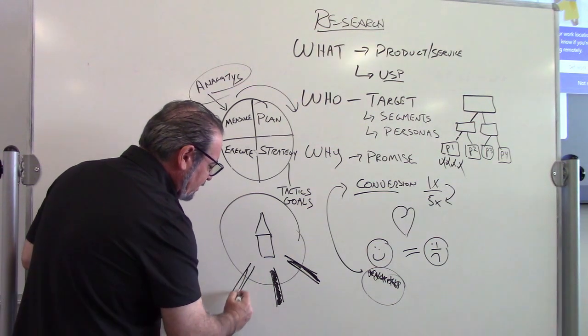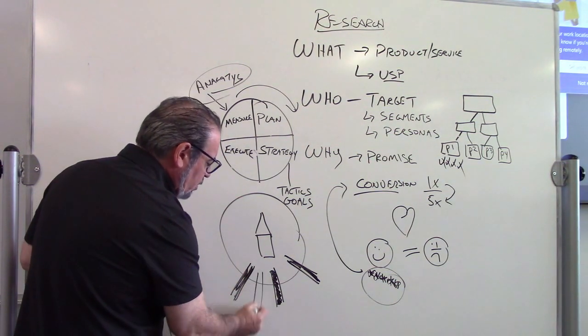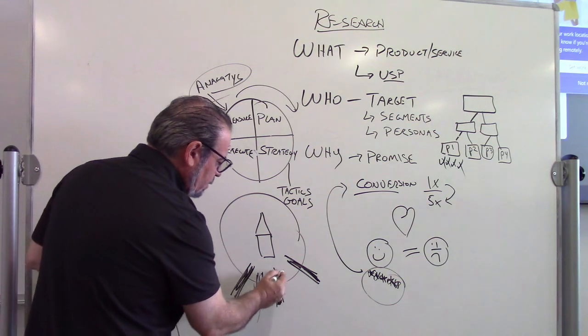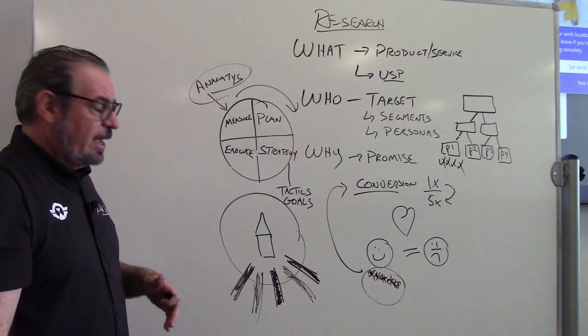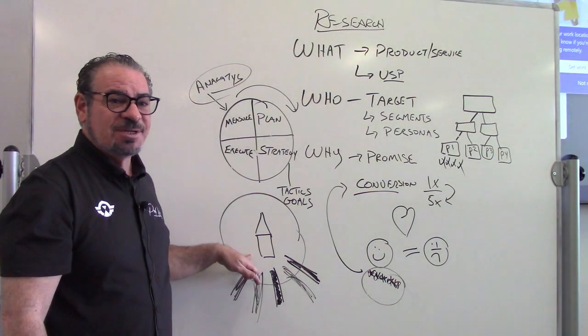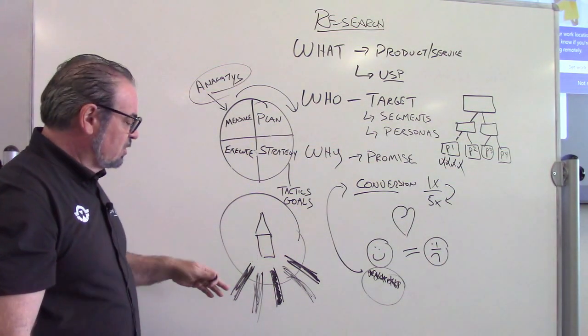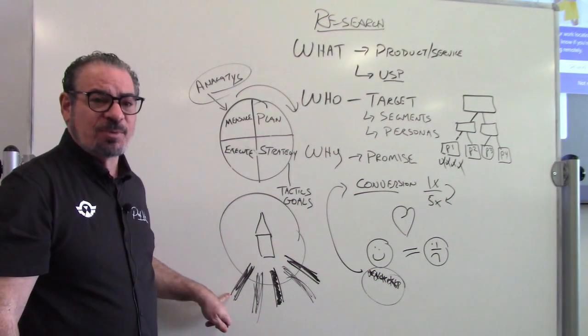So what do you think is going to happen the more channels you have going into your website? The more traffic from this. Absolutely, the more traffic. Right, and the more traffic means the more opportunity to get more business, right? So we want to build successful channels going into that website.